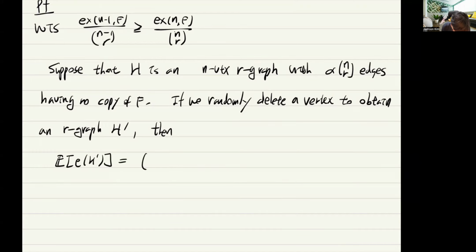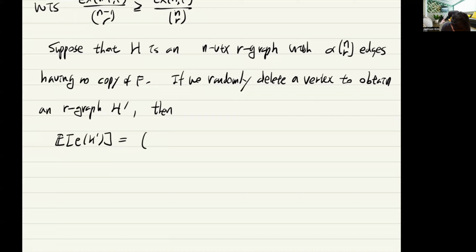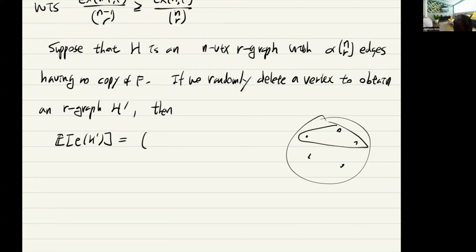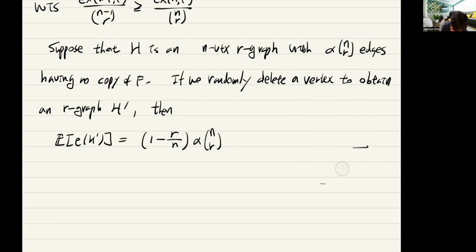For a specific edge e, what's the probability that it's deleted? If one of its r vertices is chosen, then it disappears. Otherwise, it survives. So the probability that it survives is 1 minus r over n, and that holds for all its edges. So by linearity of expectation, the expectation is this.